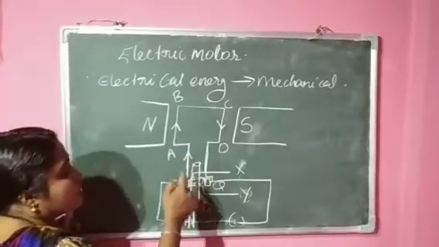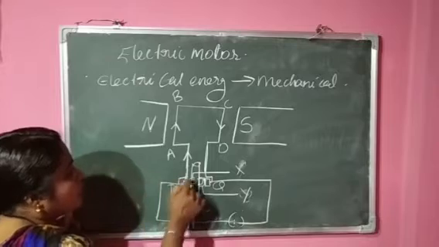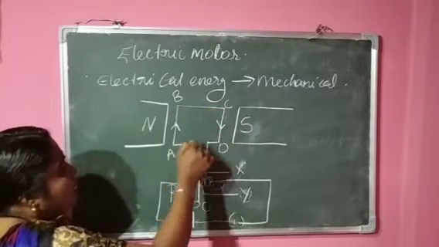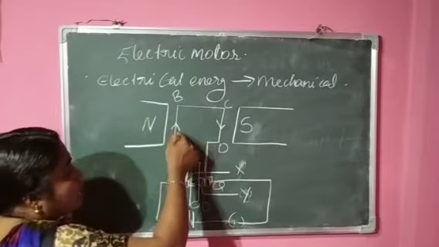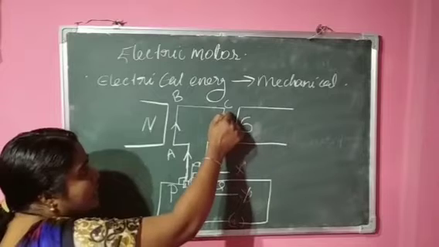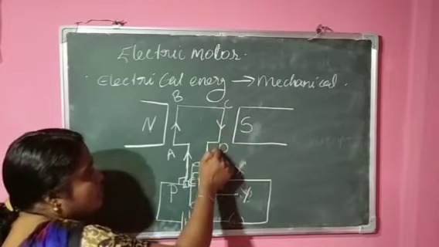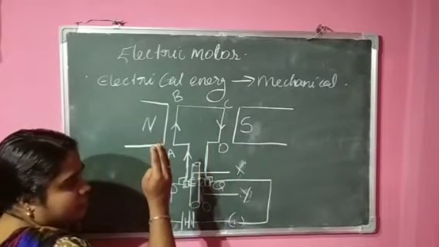Okay. So once again, when the current is flowing through this conductor, what will happen? The direction of current is A to B and the arm AB moves downwards. At the same time, the direction of current in arm CD is C to D. So this arm CD moves upward. Okay.